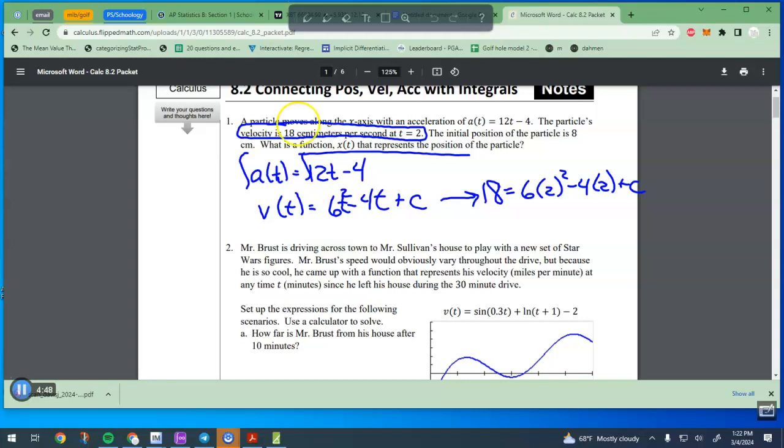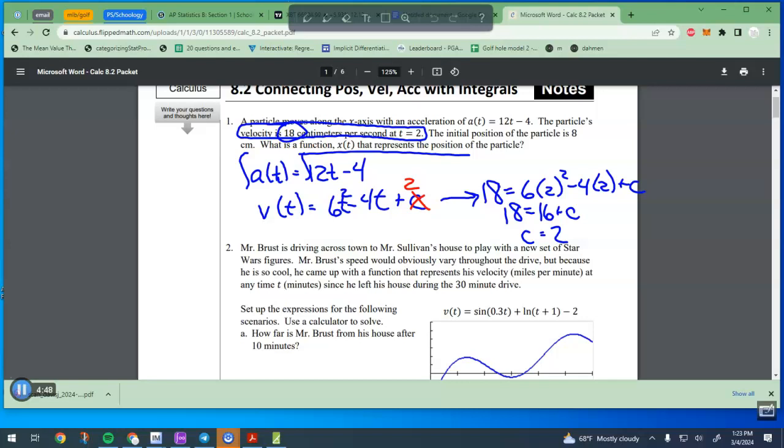The 18's from right here. And then, so what do we got? This is 24 minus 8, so this is 18 equals 16 plus c. C equals 2. So now I can go back here and say, that's not a c anymore, that's 2. I can be more accurate now because I've used the extra information to find out what c is.